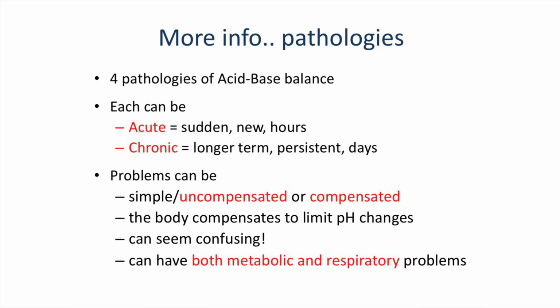Each of these four pathologies can arise suddenly, if the disease occurs suddenly, in which case they're called acute, or they can be long-term and chronic. The pathologies can be simple or uncompensated, or the body can try to compensate for the acid-base disorder to try and push the pH back into the normal range.